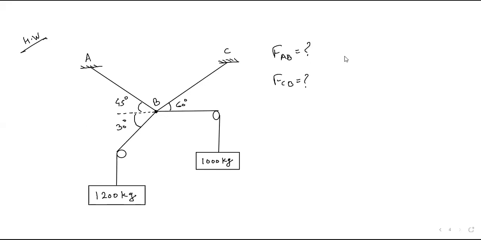Present. 6. 7. 8. Present, sir. 9. Present, sir. 10. Present, sir. 11. Present, sir. 12. Present, sir. 13. Present, sir. 14.